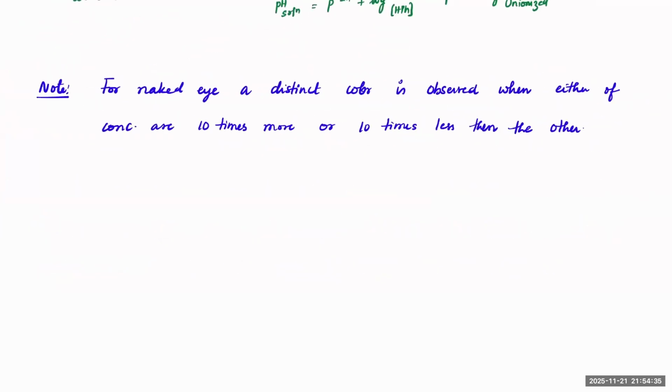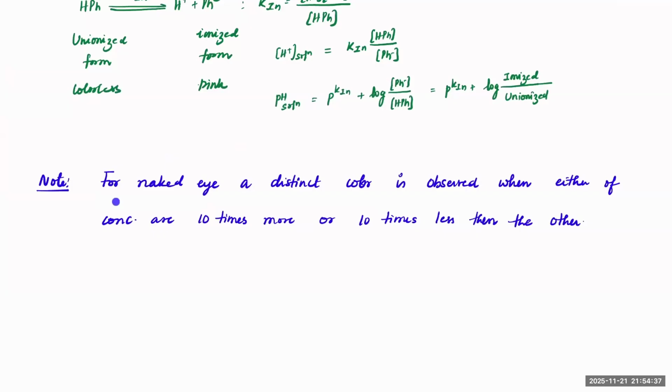Usually the norm that you need to check is that for a naked eye, you will see a distinct color when the concentration of either the ionized or the unionized form is dominant by 10 times. That means this ratio has to be either 10 by 1 or 1 by 10, so that both their colors will be distinct. Got it?